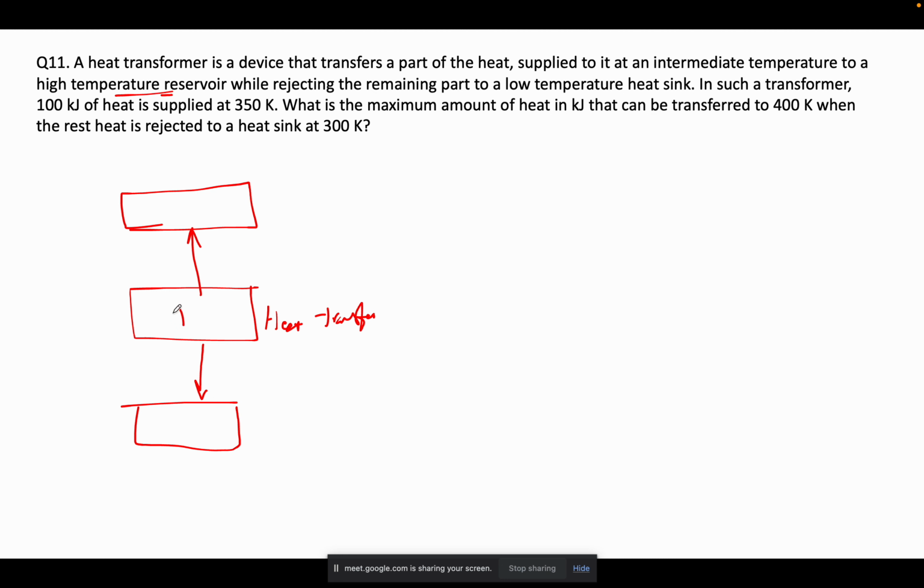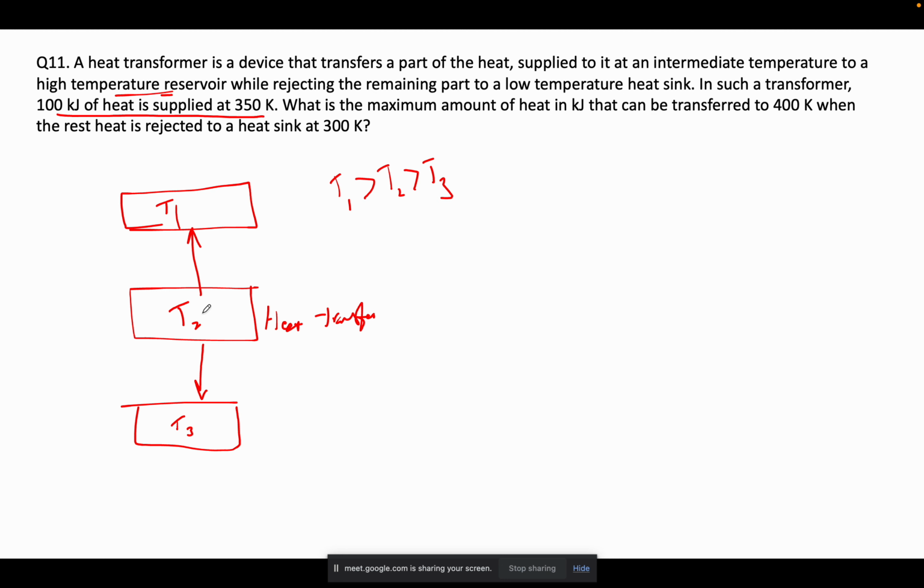Say this is the temperature T2, this is the temperature T1, this is the temperature T3, then T1 is greater than T2 is greater than T3. This is how a heat transformer works. Now it is telling us that in such a transformer 100 kilojoule of heat is supplied at 350 Kelvin.